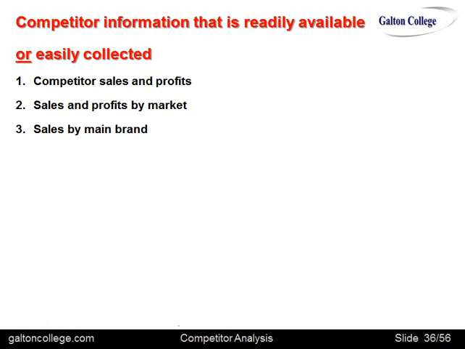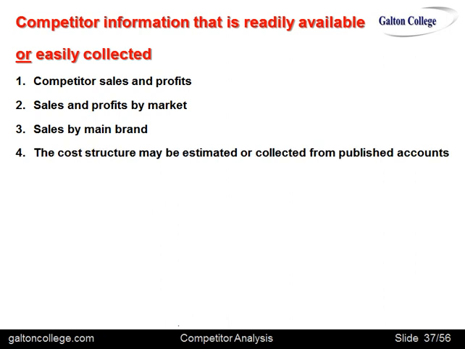It may have different brands, different products, but it has a main brand, and that brand may be well understood by customers, and market research can throw up information about this. So market research may suggest that companies have certain main brands, and that's where the main sources of their revenue are coming from.